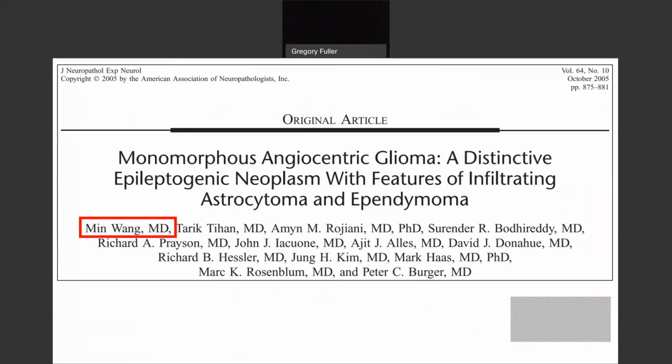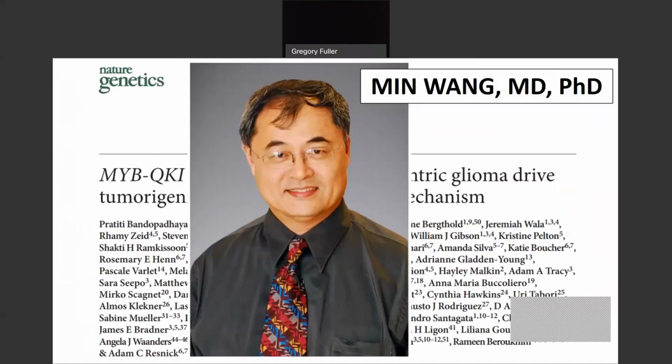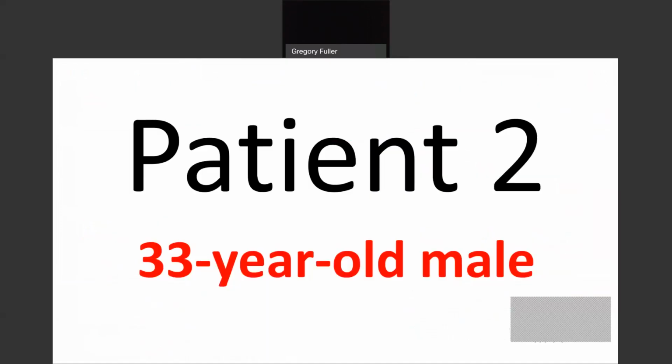There it is, Dr. Wang. Thank you, Dr. Wang, for bringing this entity to our attention. That is just fantastic. We know a lot about it. It didn't stop there. It continued. We now know that MYB and QKI rearrangements are driving angiocentric glioma. But you know what? It began with Min Wang figuring out this entity, putting it in the literature. Excellent. All right. Let's go back.